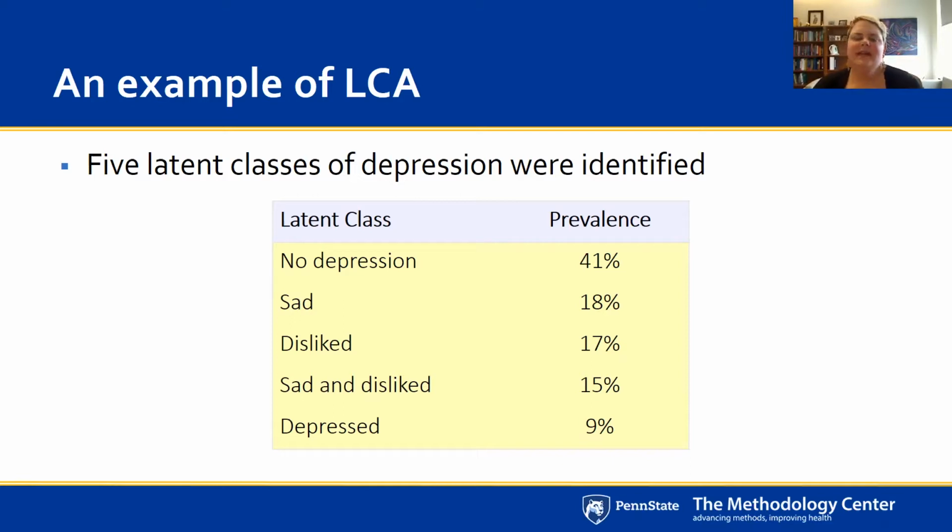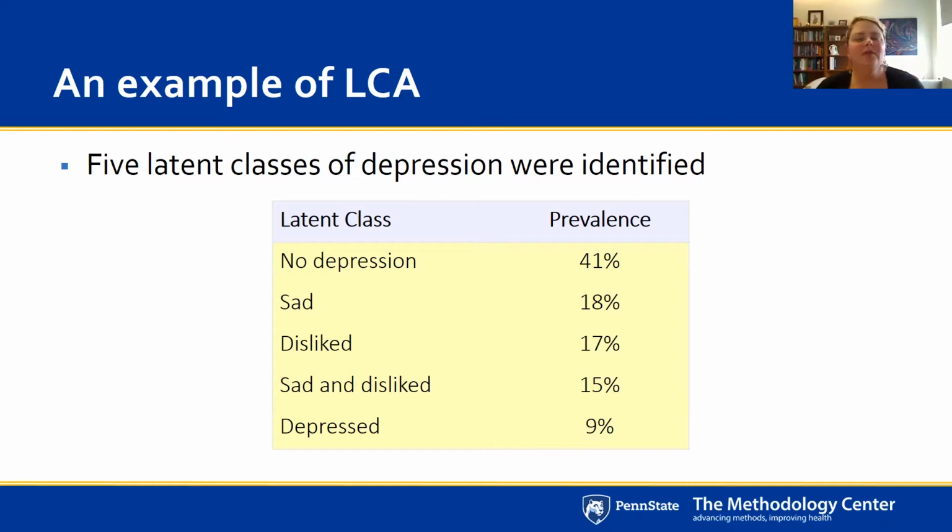Now, you might think, okay, I might expect these classes to come out, and that is true. The sadness items are hanging together, and the disliked items are hanging together, and then they occur together, and then we get depressed. But one of the interesting things in this example is the sadness items are producing one class called sadness, about 18%, and the disliked items are producing another class, here we call them disliked, at about 17%.